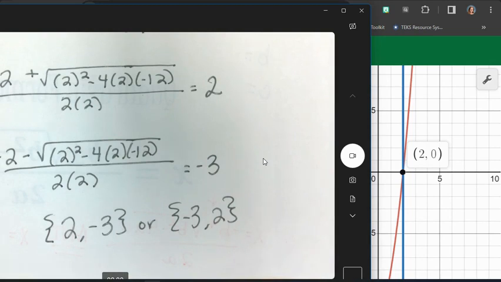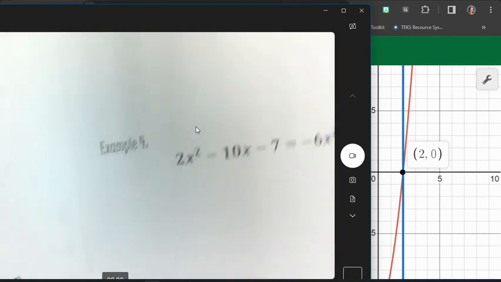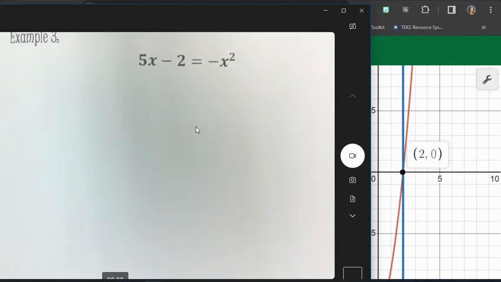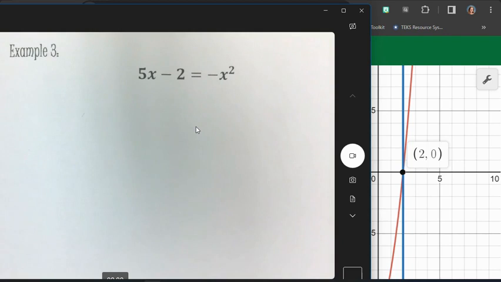Okay, we have one more example we're going to do today, and that's example 3. Okay, so start with writing A, B, and C down. Okay, what's wrong with example 3, though? It doesn't say equals 0.